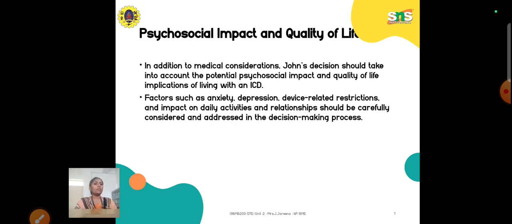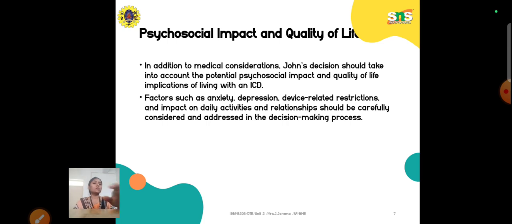Before taking the decision, the psychological impact and quality of life also we have to think about, in addition to the medical considerations. Because there are so many factors involved, like anxiety, depression, device-related restrictions, and impact on daily activities and relationships, these should be carefully considered and addressed when John is going through the decision making process.